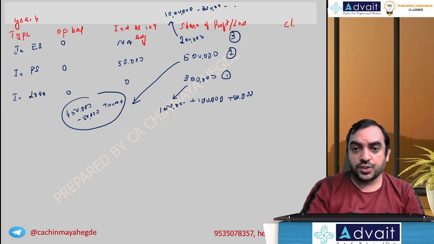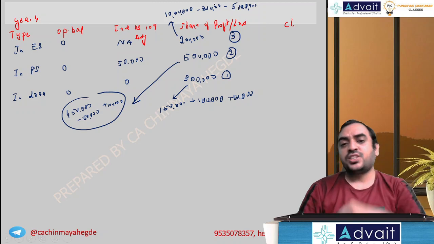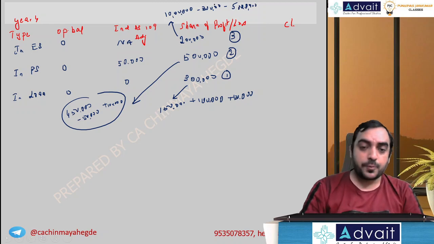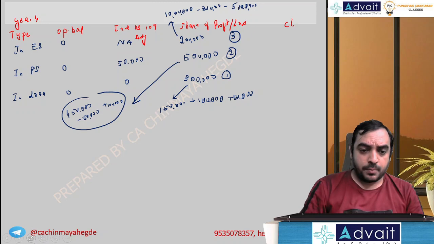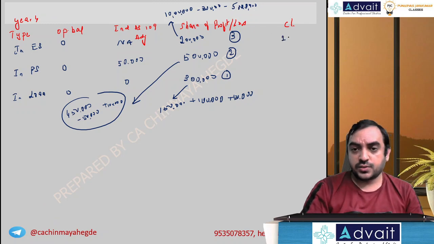Then equity share, preference shares 2 lakh, preference shares 5 lakh. So 10 minus 3 minus 5, you get 2 lakh. So what is the closing balance coming to? Equity shares, nothing was there, so you get 2 lakh.